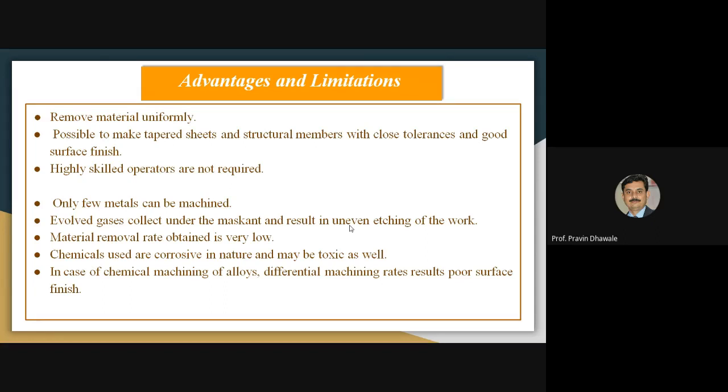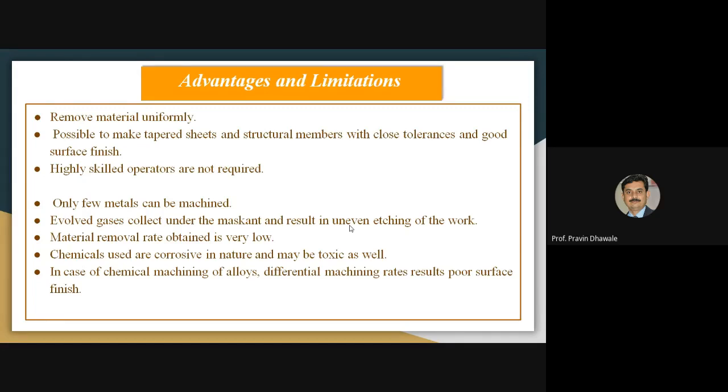In the case of chemical machining carried out for certain kinds of alloys, it will give different machining rates, and that will affect the surface finish quality of the workpiece.